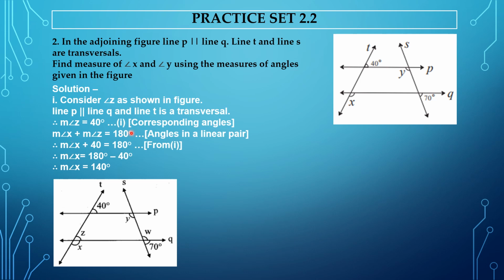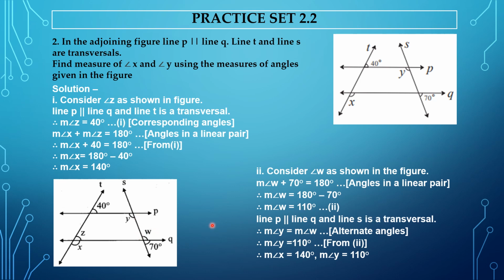Angle x is not given, so you write it as it is, plus angle Z is 40 degrees, which we proved by corresponding angles, equal to 180 degrees. Keep the measure of angle x on the left hand side, and bring the 40 to the right hand side, where it becomes minus 40 degrees. So you subtract, and you get the measure of angle x equal to 140 degrees. So you got angle x. Now students, we have to find the measure of angle y.